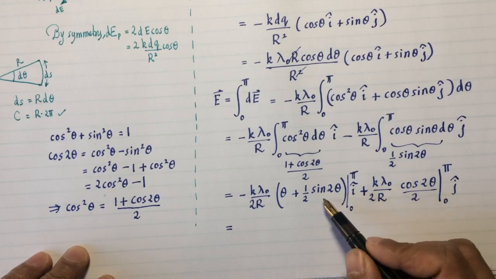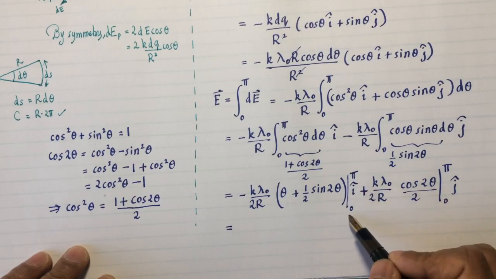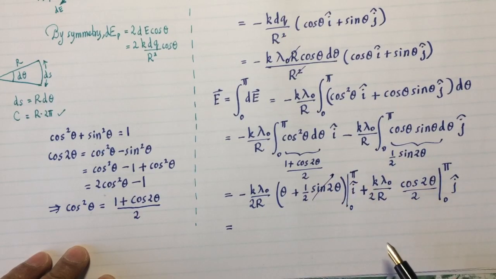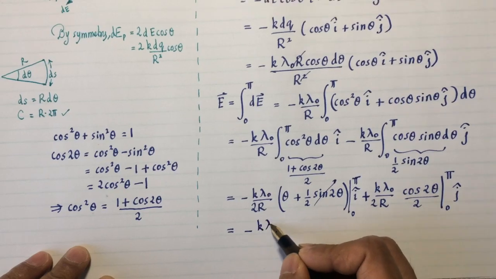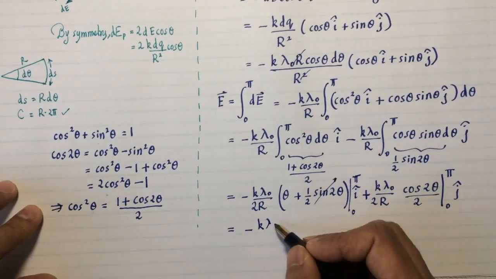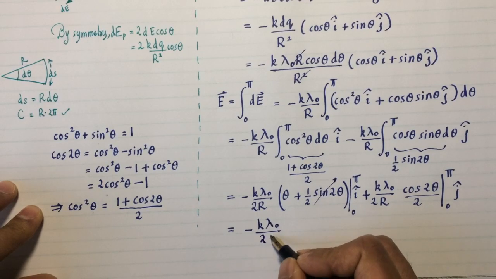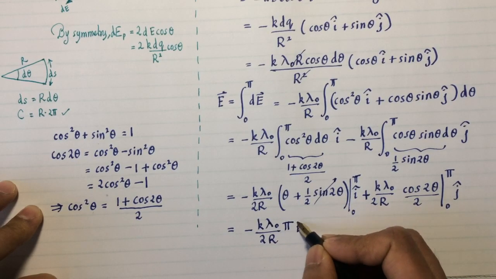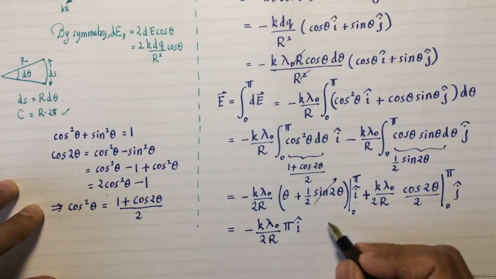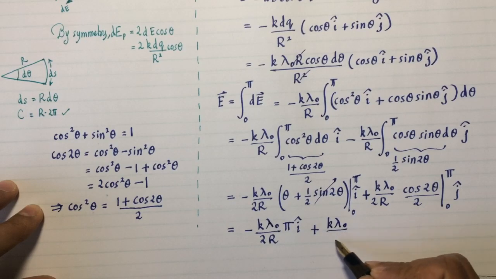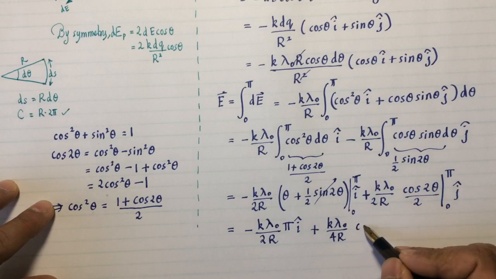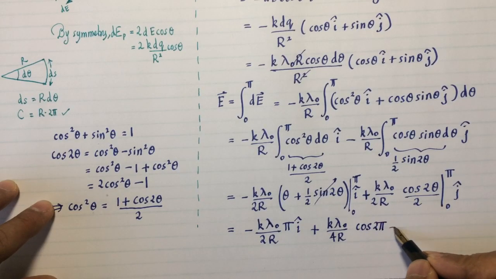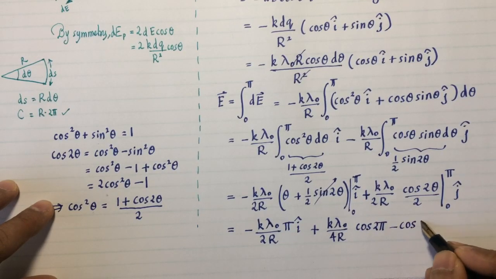Let's evaluate this. Now the sine 2 theta at pi limit and at 0 limit contributes nothing, so that goes away. And I just have this theta term here. So that's negative k lambda naught over 2r times pi i hat. Now this term, let's look at that term. It's k lambda naught over 4r, and the limit, which is cosine of 2 pi minus cosine of 0.